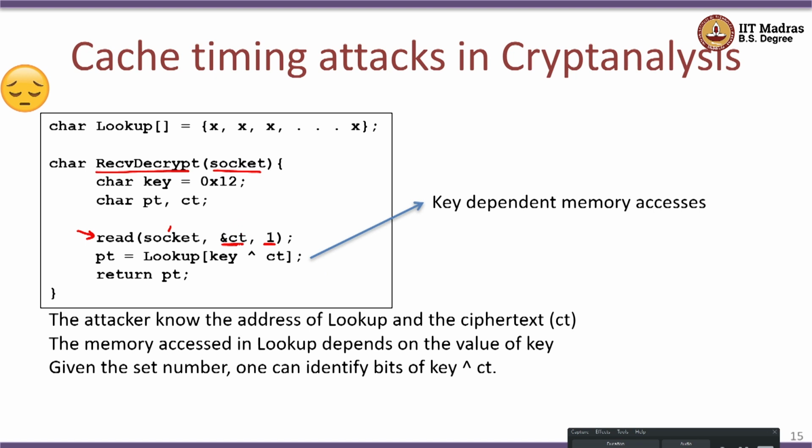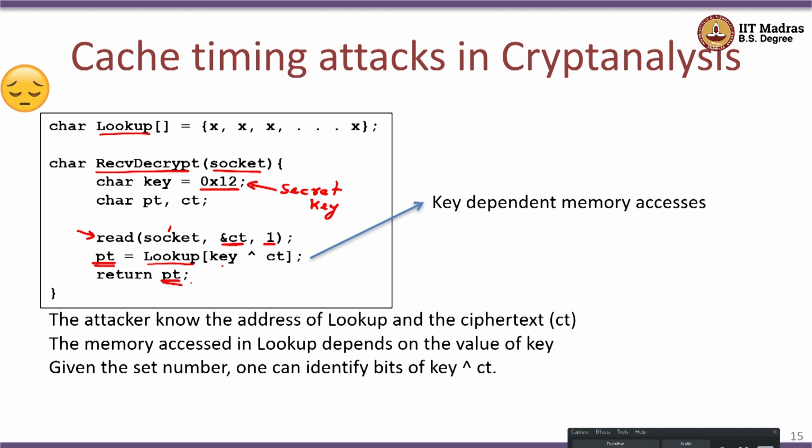Now, to decrypt the ciphertext, there is a lookup which is essentially a global array of this particular form, and there is some data present over here. Now, the key, which is your secret key, XORed with the ciphertext which is received through the socket, is used to index into the lookup to get the corresponding plain text. Now, this plain text is essentially returned.